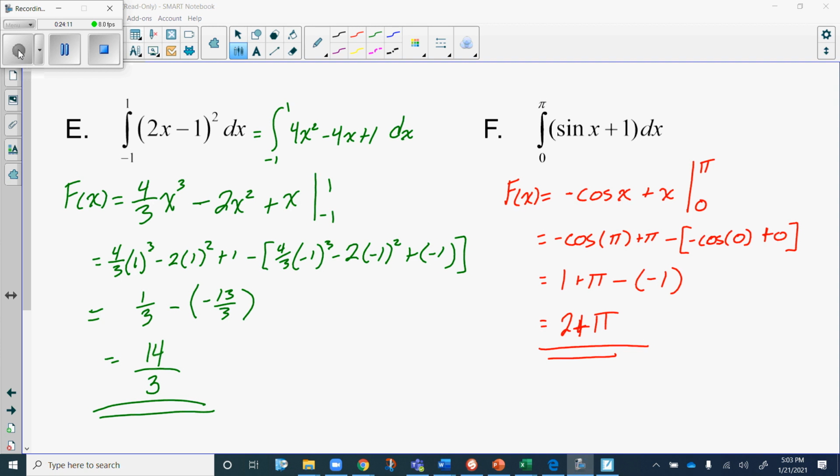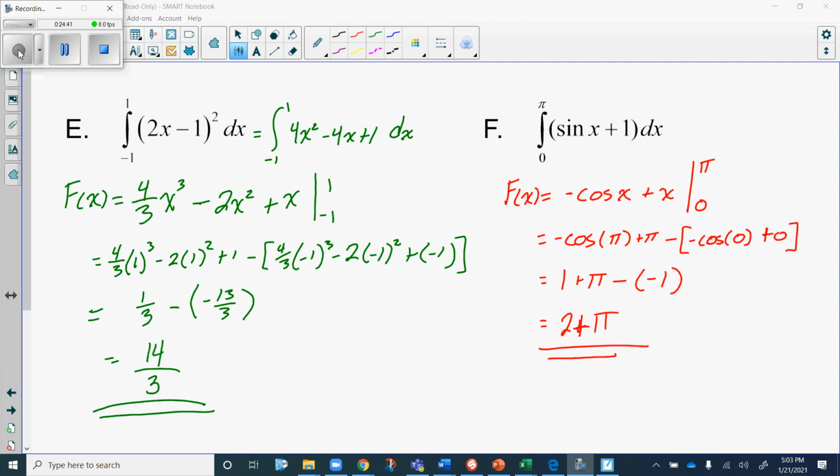All right, and here we have the next two examples worked out. The way I looked at E, I didn't want to try to do the antiderivative if I leave it the way it is in factored form. I think it was going to be a little bit more complicated than it would have been to just expand the integrand to put it in standard form.